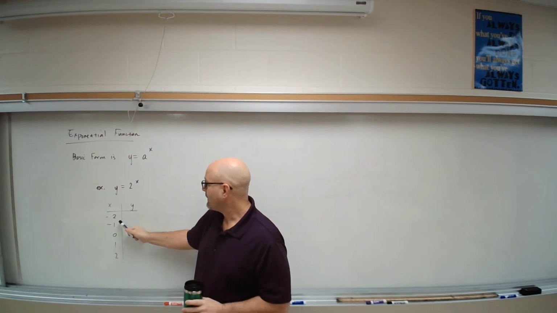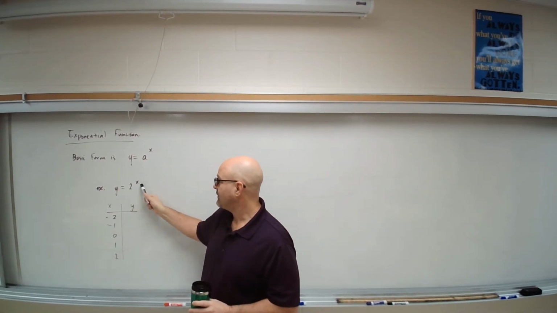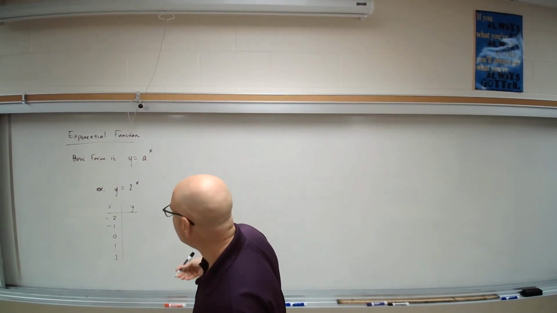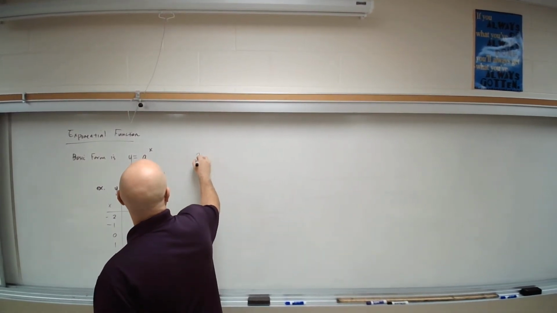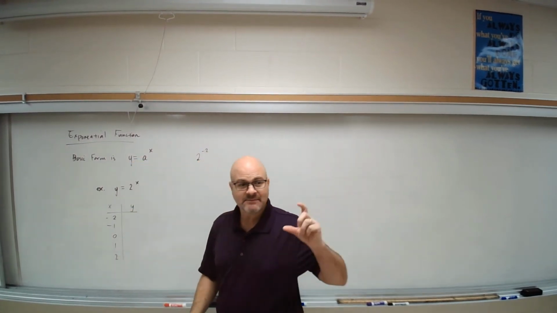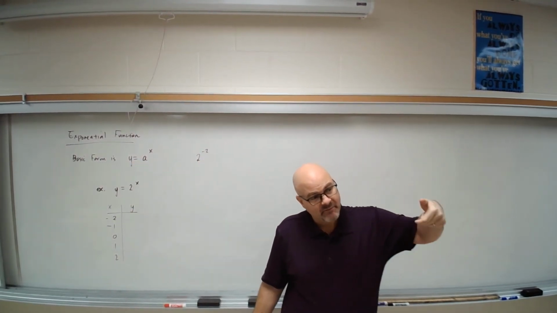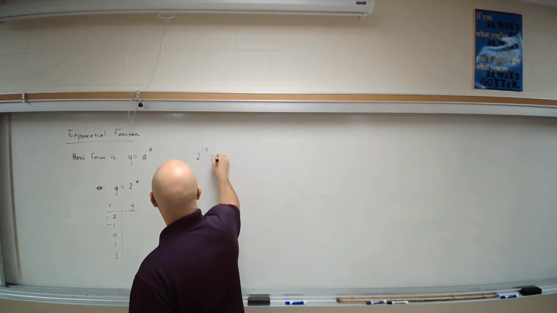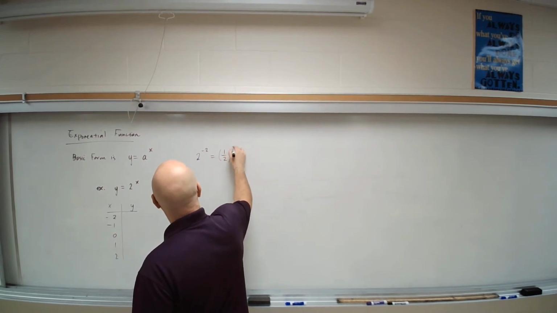For the first one, when you put -2 in, we get 2 to the -2 power. Just to review that, a negative exponent means you take the reciprocal of the base, correct? So that would be the same as 1/2 squared.